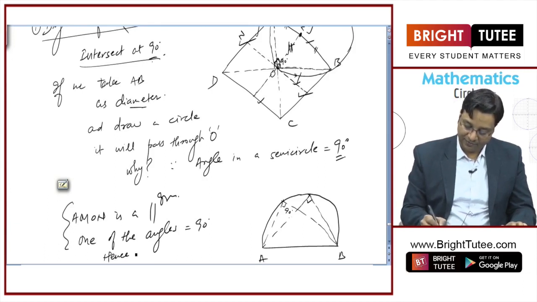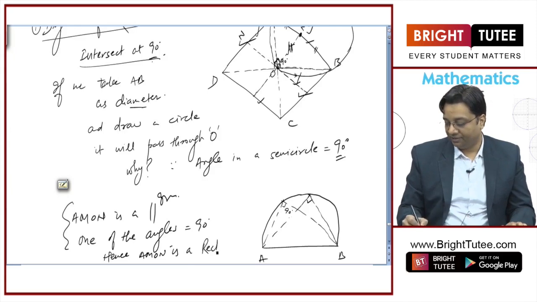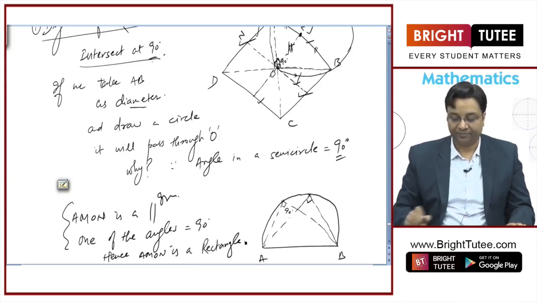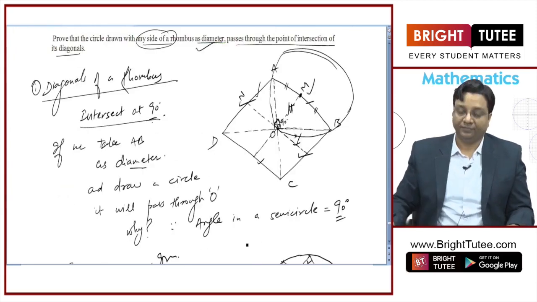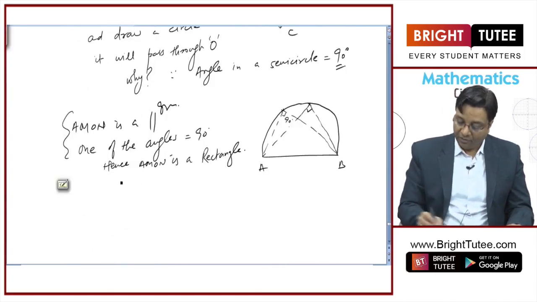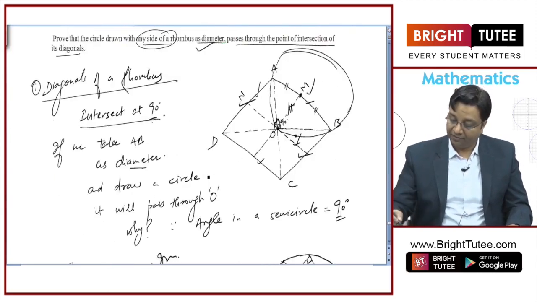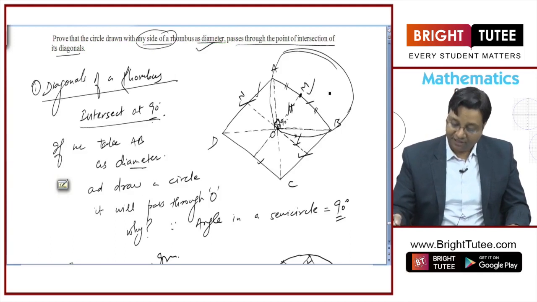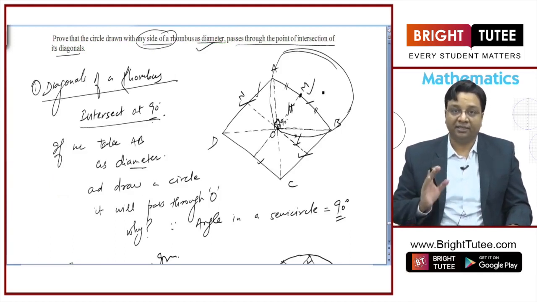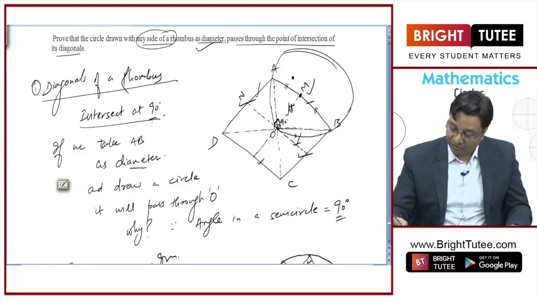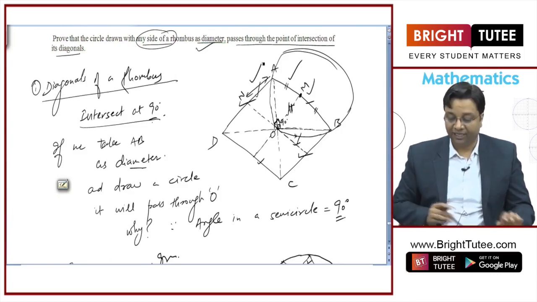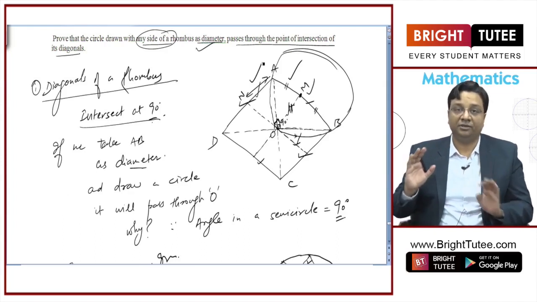Hence AMON is a rectangle, right? Okay. Now AMON is a rectangle. This is one thing. Second thing, it is a rhombus, so all its sides are equal. So their halves will also be equal. So AM will also be equal to AN, which happen to be the halves of equal sides.